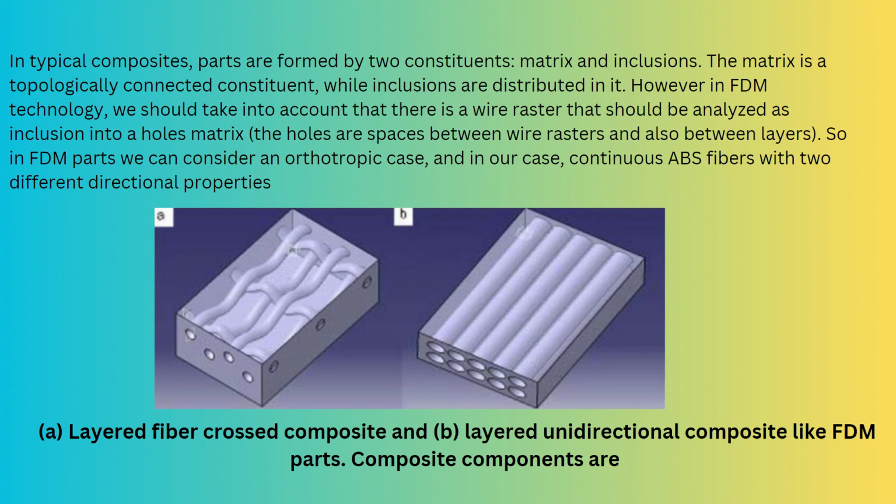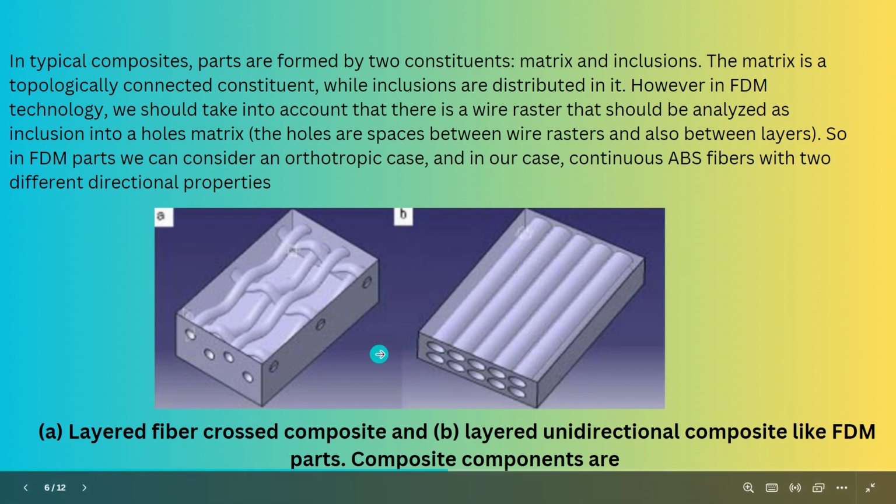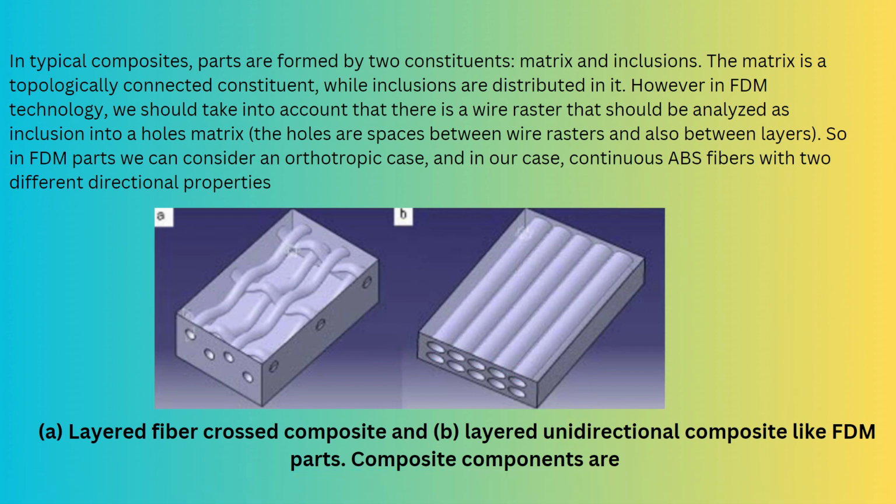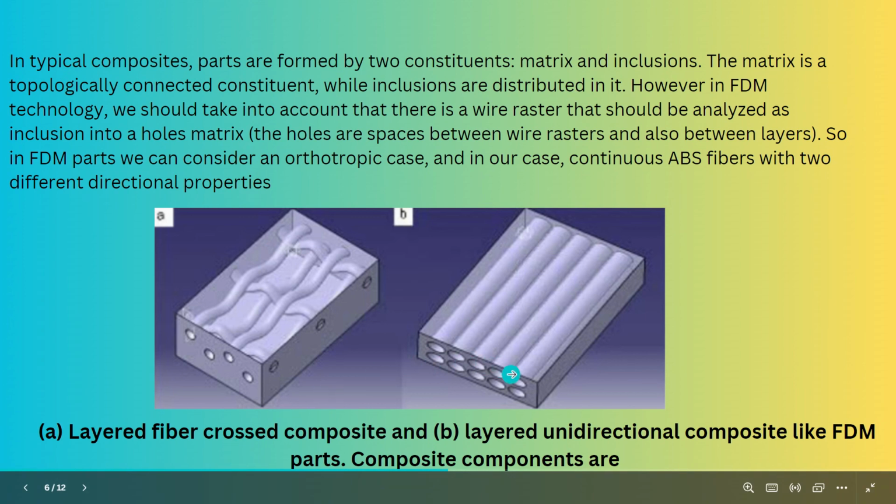So the FDM part can be considered orthotropic, and in our case continuous ABS fibers with two different direction properties. In this diagram, we can see A and B. A refers to the layer fiber crossed composite, and B is the layer unidirectional composite like FDM parts. These are FEM parts and these are FDM parts.